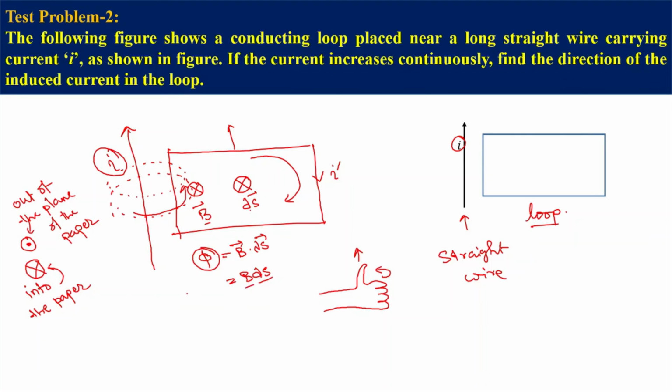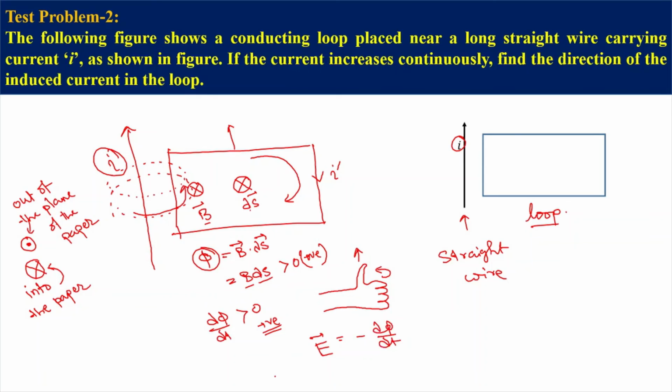So phi is positive. If phi is positive, then dΦ/dt is also going to be greater than 0, that means a positive quantity. Now if dΦ/dt is greater than 0 for this particular value of the current, then we are violating the law, because what we know is that the EMF induced should be opposite to the rate of change of magnetic flux.